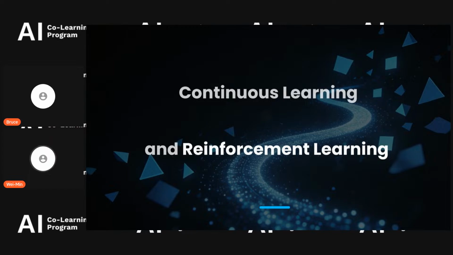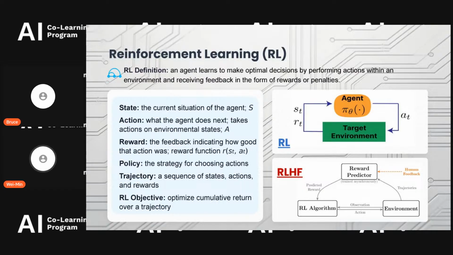Next, let's talk about continuous learning and reinforcement learning. The framework for reinforcement learning is as follows. In reinforcement learning, an agent learns to make optimal decisions based on its actions within the environment, and the information it receives as feedback in the form of rewards and penalties.